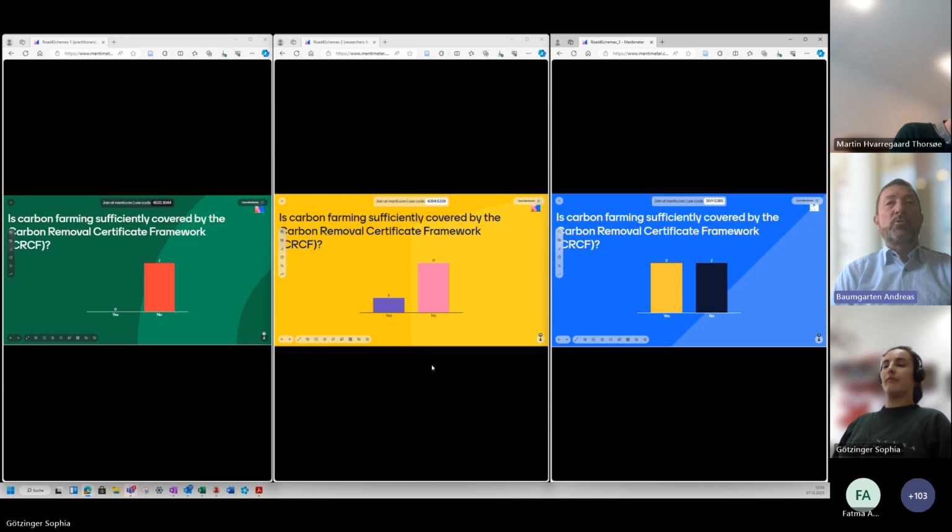So maybe we should strengthen our efforts to have carbon farming implemented in this certificate framework to a larger extent.